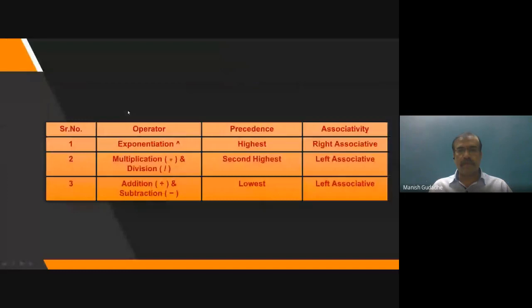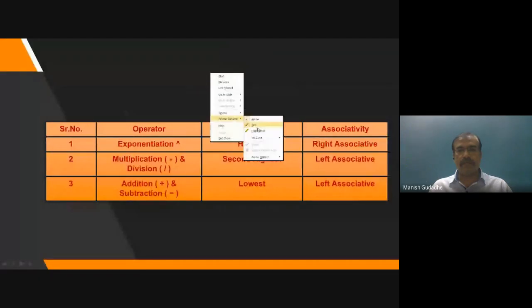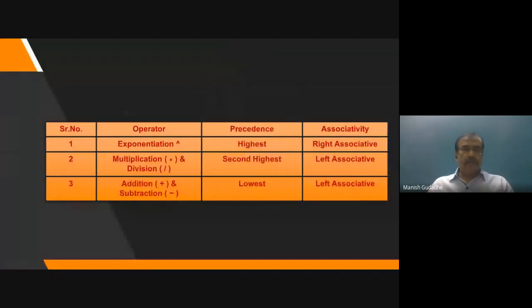Before that, we'll understand what operator precedence or operator priority we are taking into consideration. Above all there will be brackets, and then the highest priority will be given to the exponential. So if the exponential symbol appears anywhere in the expression, that smaller expression will be evaluated first.